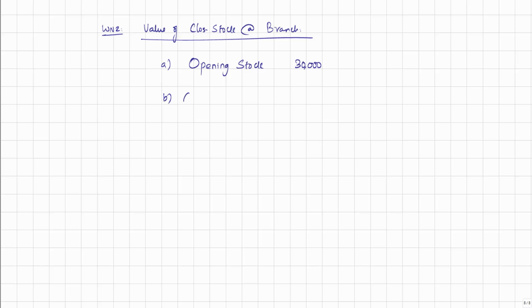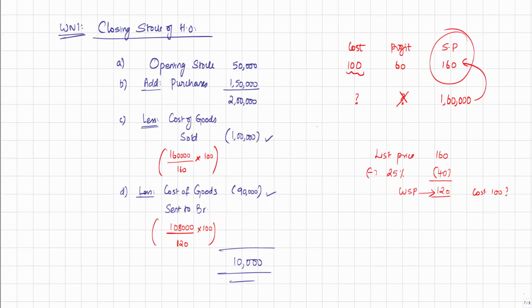Then there is goods received from HO. Goods received from head office, and it is 1,08,000. So total stock with them is 1,38,000, but they have sold something, and for them also the instruction is it should be sold at selling price which is 160.